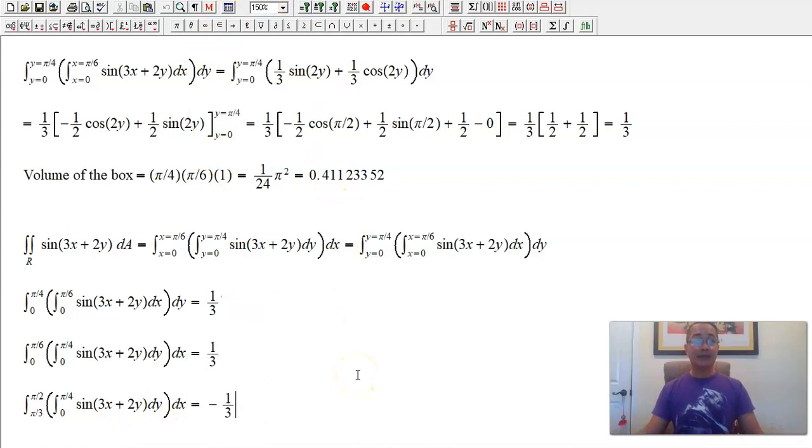Ooh, negative 1/3. So that's the portion that seems to be below the xy plane. Just like in basic calculus, a definite integral can have a positive answer or a negative answer, or it could be exactly 0. There's nothing wrong with any of those answers. It's just some kind of a number.